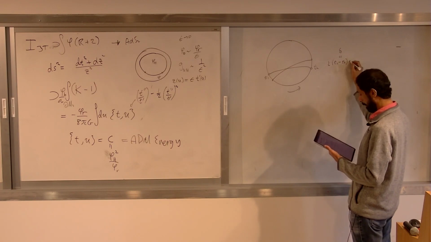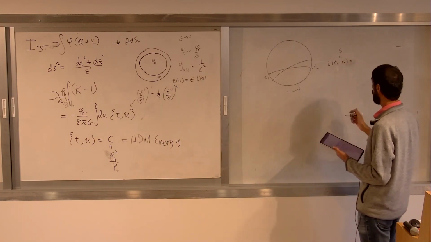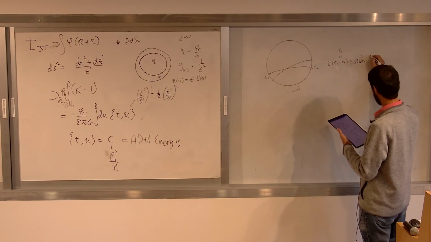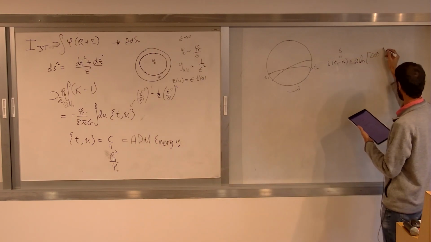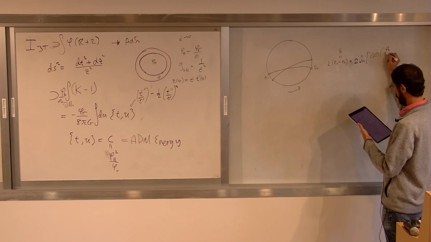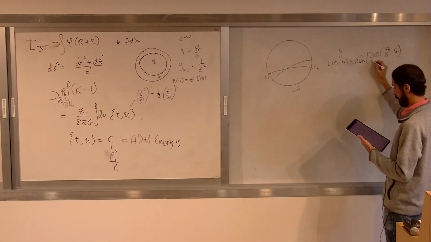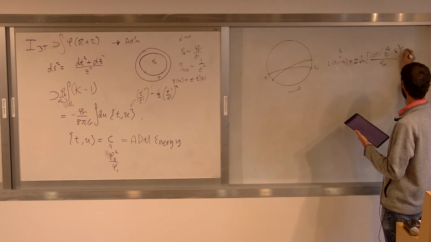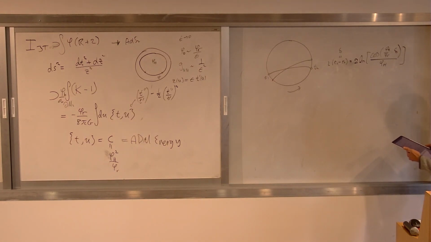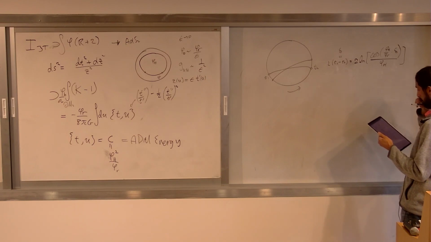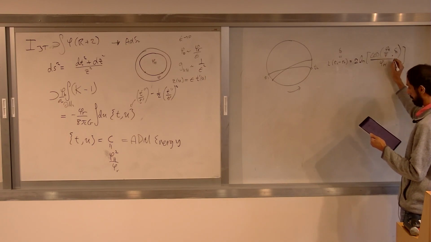You find that the length of this geodesic goes as 2 times the logarithm of cosine of phi h over phi r times delta divided by phi h. No, actually, I think this is phi b here.